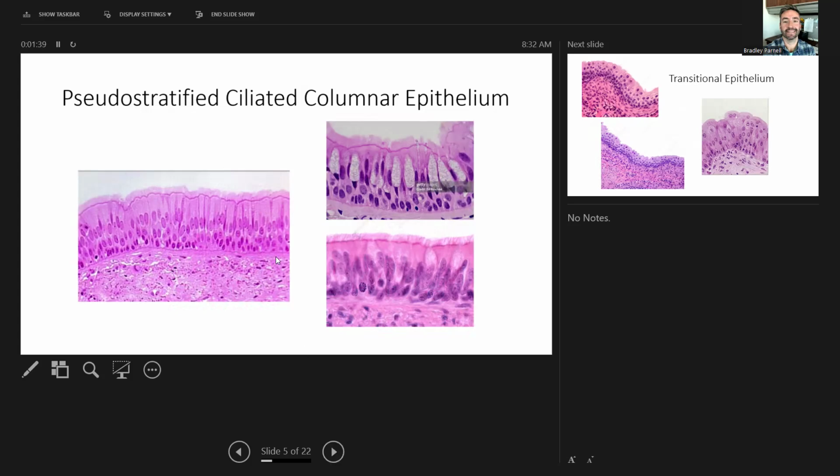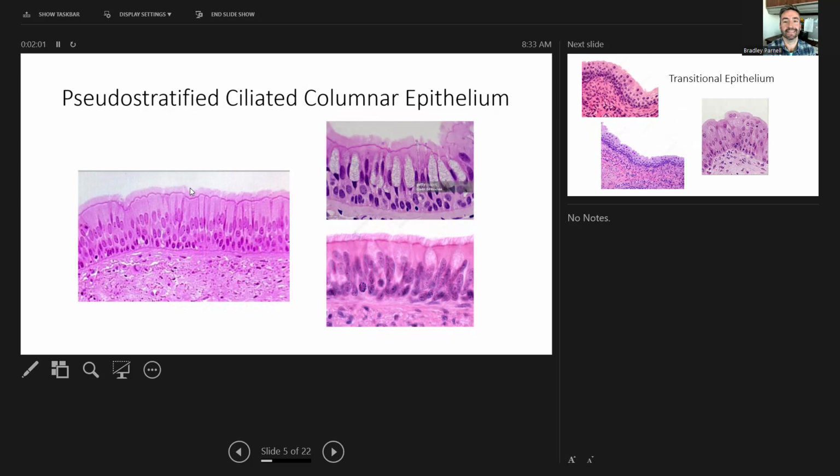Our second column-shaped epithelial tissue is our pseudostratified ciliated columnar. Pseudostratified means it looks like there's multiple layers of nuclei here, multiple layers of cells, but it's really just one layer here. Because it looks stratified, but it's not, that's why they call it pseudostratified.